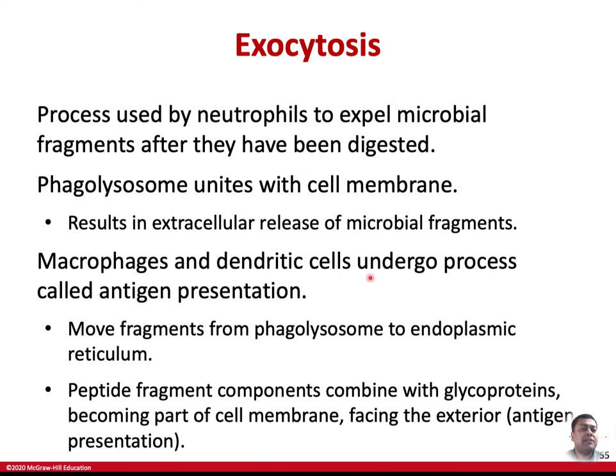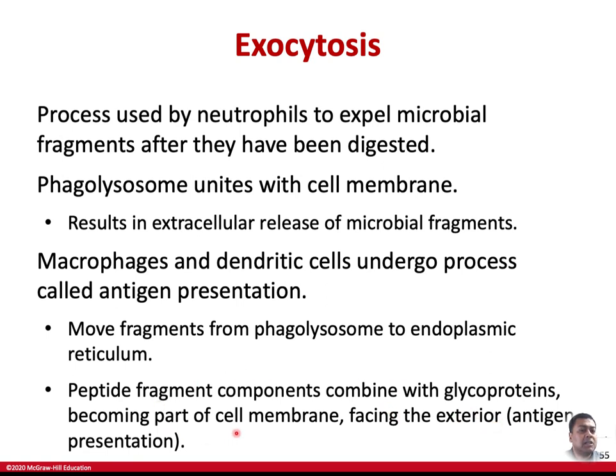And the macrophages and the dendritic cells undergo the process which is called antigen presentation. We talked about that. This moves the fragments from the phagolysosome to the endoplasmic reticulum, and the peptide fragment combined with the glycoprotein becomes part of the cell membrane facing the exterior.